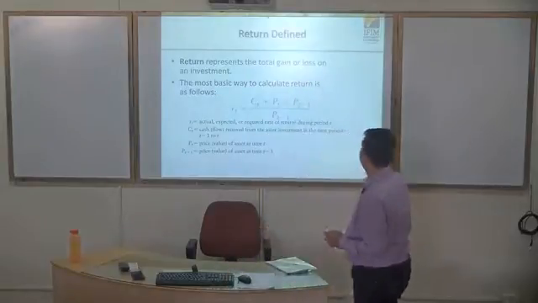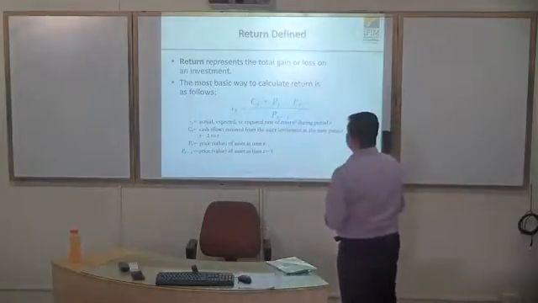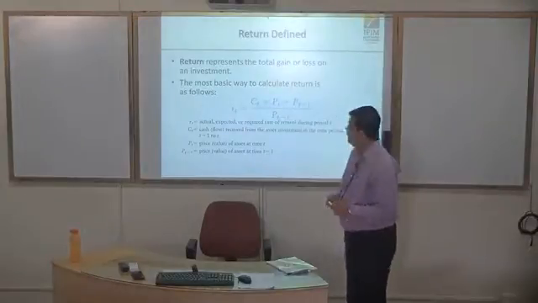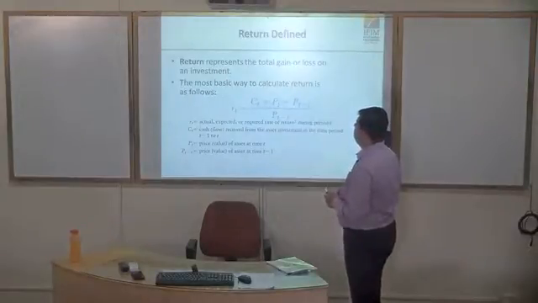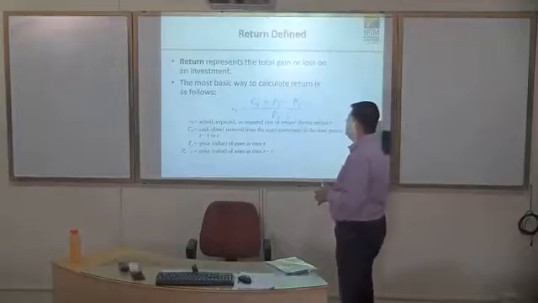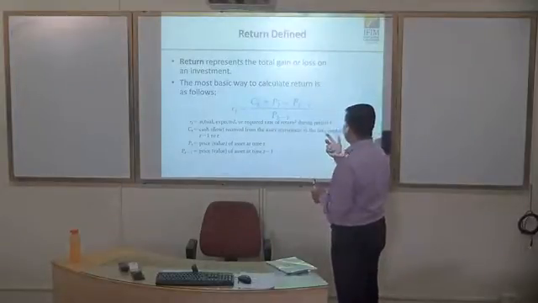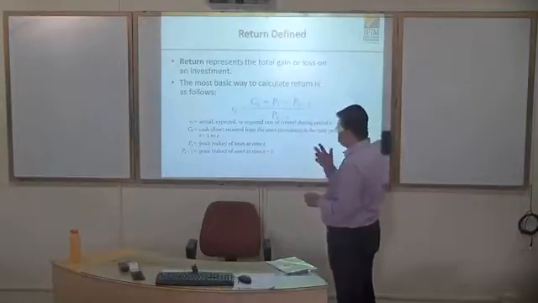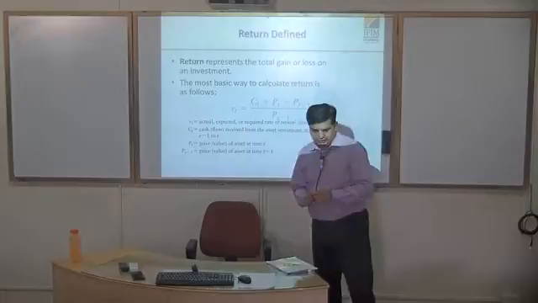Moving on, returns. Return represents the total gain or loss on an investment that we make. The most basic way to calculate return is (CT + PT - PT-1) divided by PT-1. Let's take a moment to understand the whole thing here.